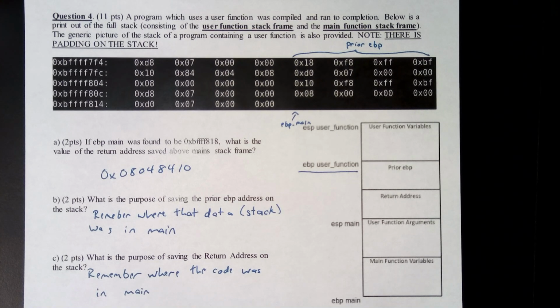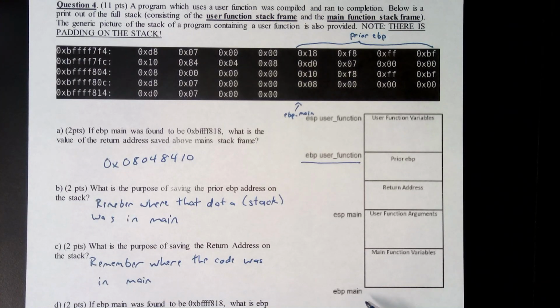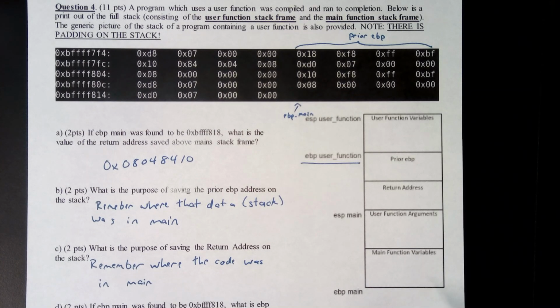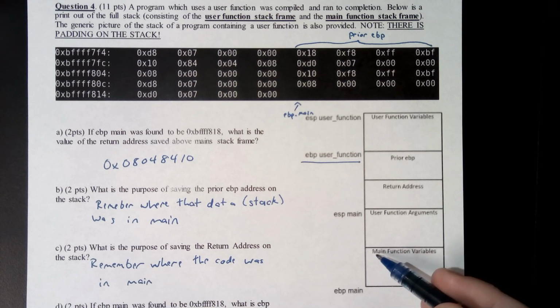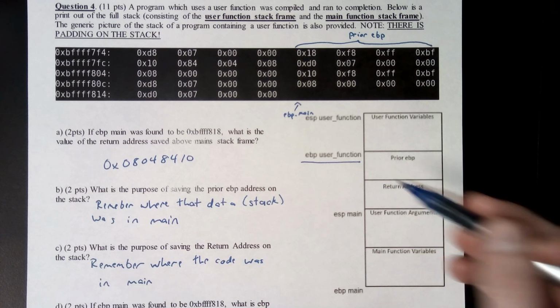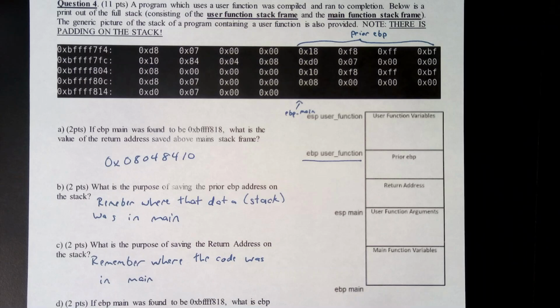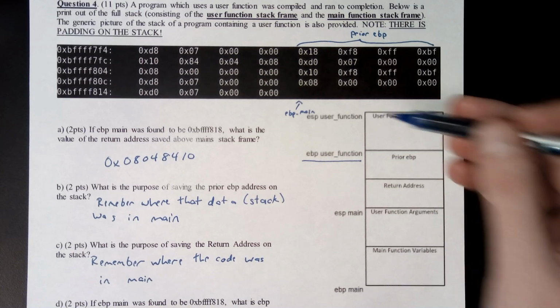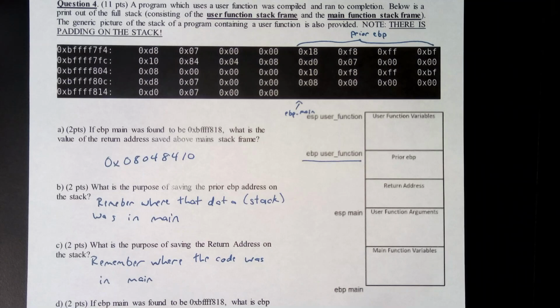This makes sense because EBP main is the byte below anything that we care about in that function, so main's function variables are above that. For user function, prior EBP is effectively garbage, because there are no variables referencing that. The stuff above it is our user function variables that are not garbage.